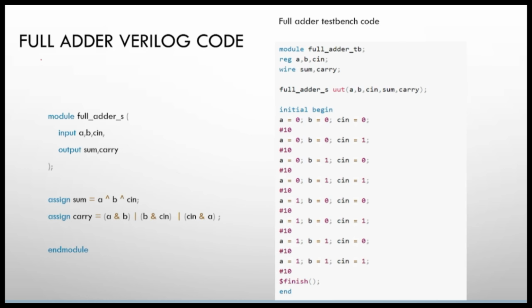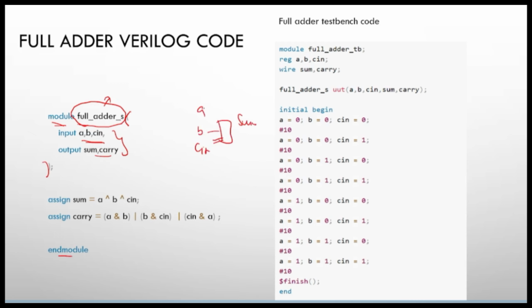Let me show you a small example here. Within the module and end module, for example, if you are writing a full adder code, module, any name; this can be any individual name. Here I am just mentioning it as full adder. Within the parentheses itself, I am mentioning the ports like A, B, C, and for full adder you will have 3 inputs and 2 outputs, sum and carry.